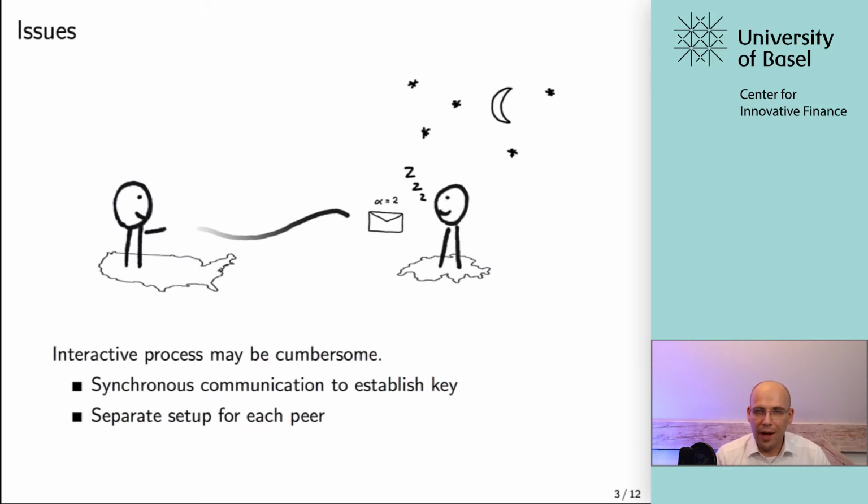Now, that's great, and that's a big step up, especially for when you have to establish a key remotely. These things can be used on battlefields, for example, or in communication, for example, when you're on a computer network and you don't happen to have a secure channel with the other person, and this is a great way of establishing a symmetric key that can later on be used to encrypt every subsequent message.